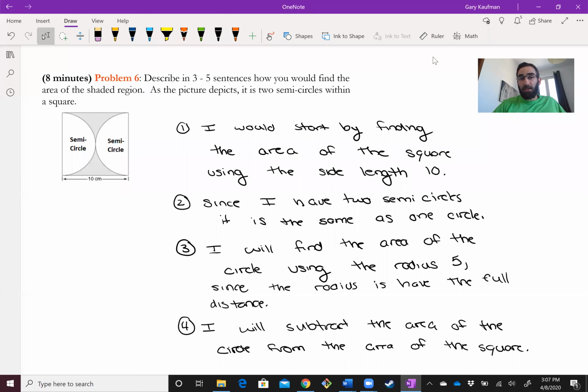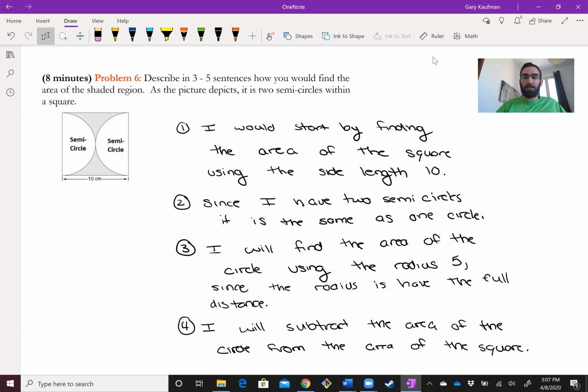So I use 4 sentences. Yours don't have to be exactly in the same order, but look at this for a general idea. So I would start by finding the area of the square using the side length of 10. Since I have 2 semicircles, it is the same as 1 circle. I will find the area of that circle using the radius 5.